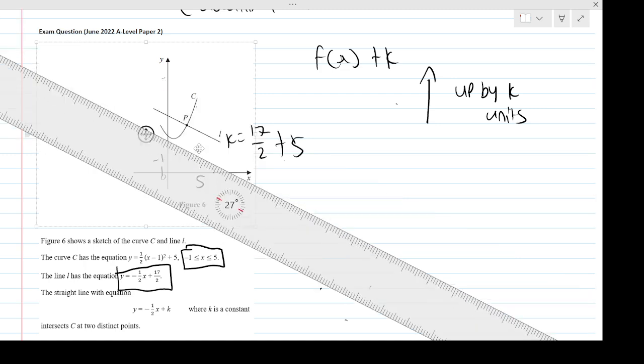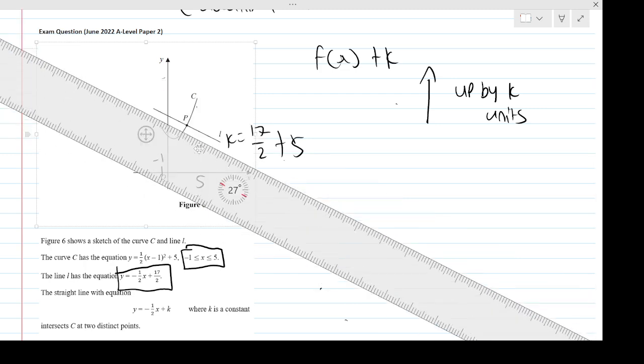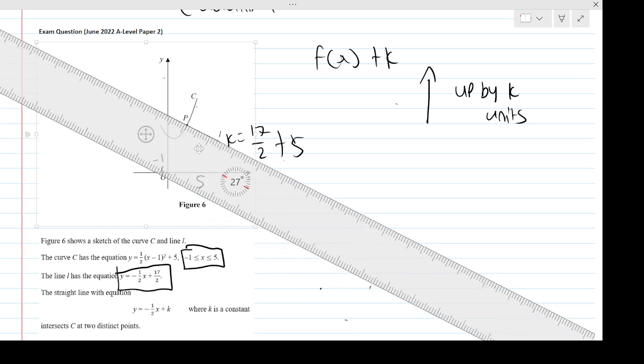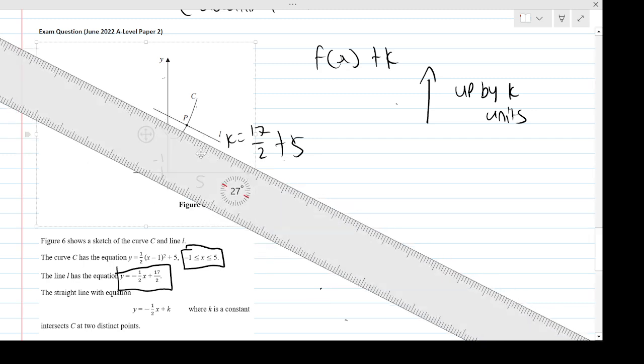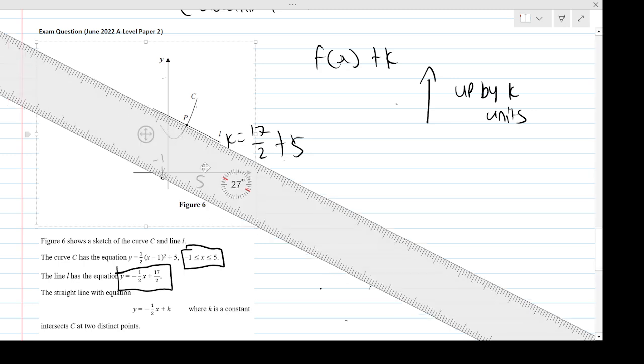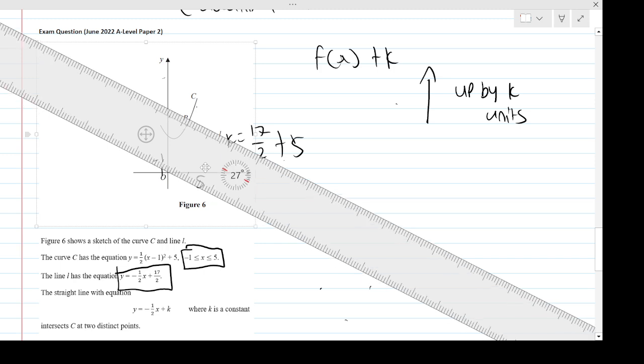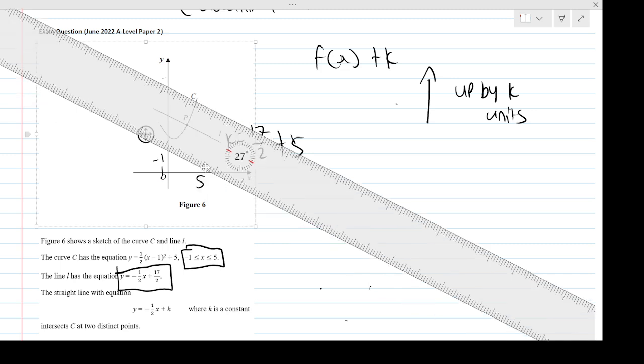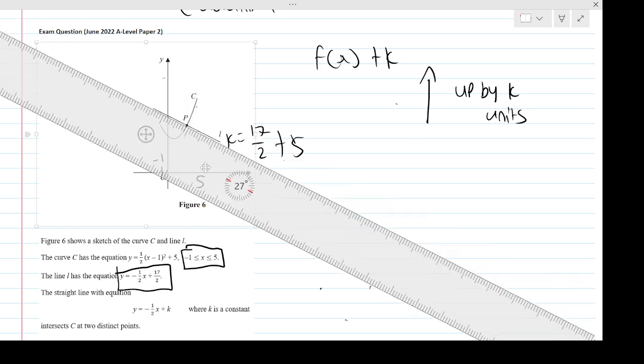If k was negative, we'd move it down, right? If k is positive, we'd move it up. That's all we're doing. So if we vary k, remember k is shifting that line up or down. With k as 17 over 2, that's the line we have. But if we increase that, it goes up. If we decrease from 17 over 2, we go down.